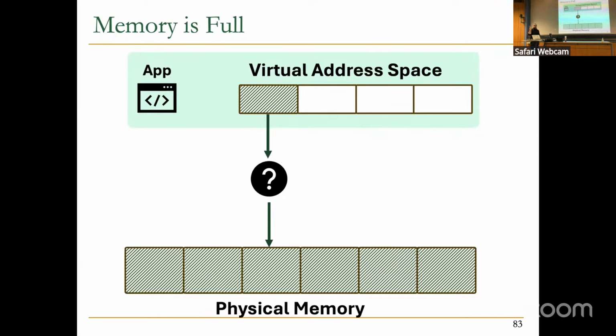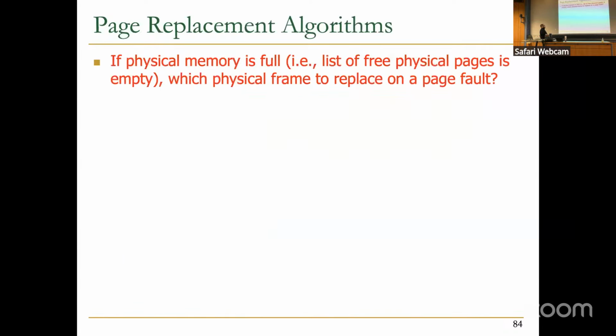What happens in a case that caches are full in the system? It's the same analogy, right? When your cache is full and all the tags of all the ways of a set are full, then you need to replace something. So the operating system takes over again and says, oh, I need to replace a physical page from main memory to make space for what the application needs, for what I need to bring from the disk.